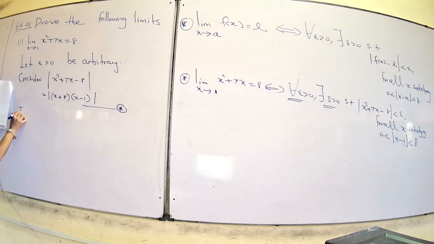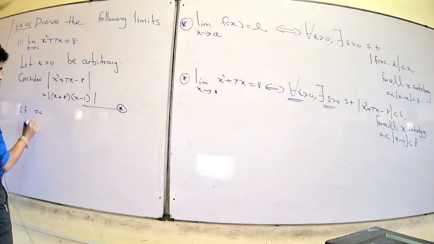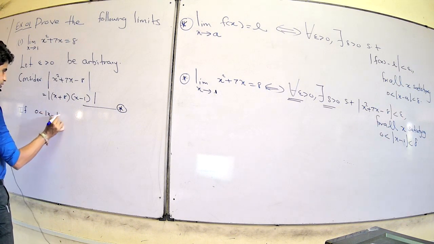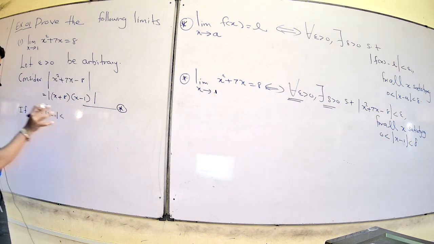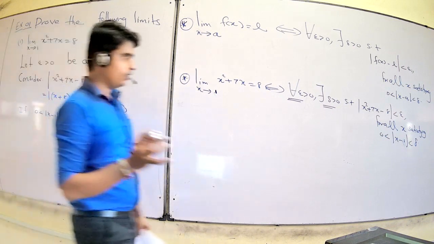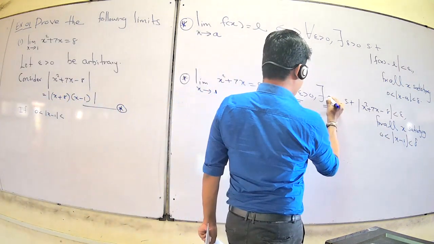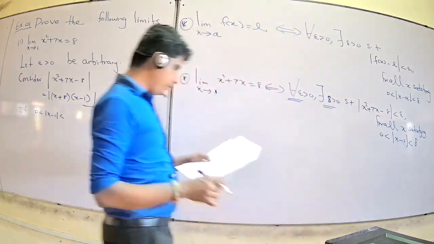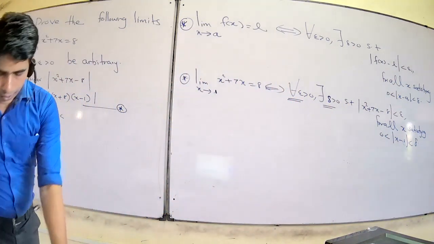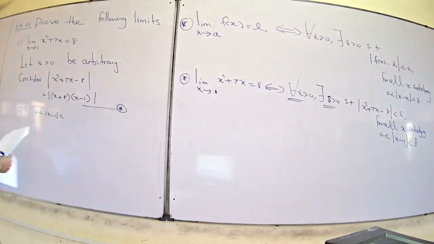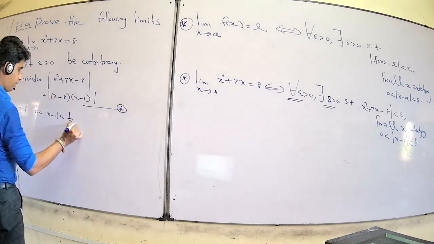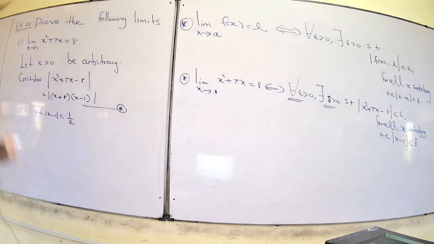First, you assume that 0 less than modulus of x minus 1 less than delta. You can put any value here because delta should be greater than 0, any positive value for delta. Now I put the value half. We can put half here, because delta is greater than 0.